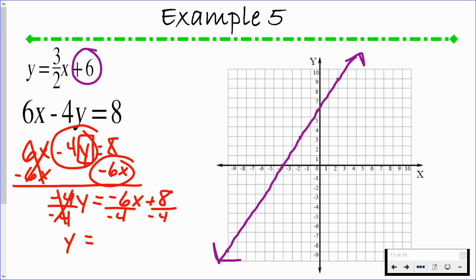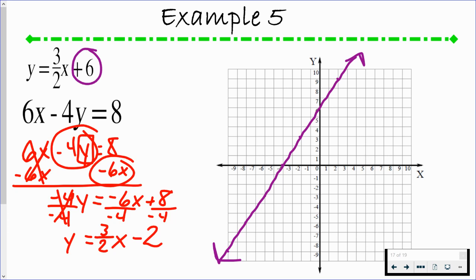This does simplify down. First off, negative divided by negative will give you a positive, so I'm not going to have any negatives there. And 6 divided by 4, you could divide 2 into both of them, and you're going to get 3 over 2x. And then 8 divided by negative 4 is going to give you negative 2.